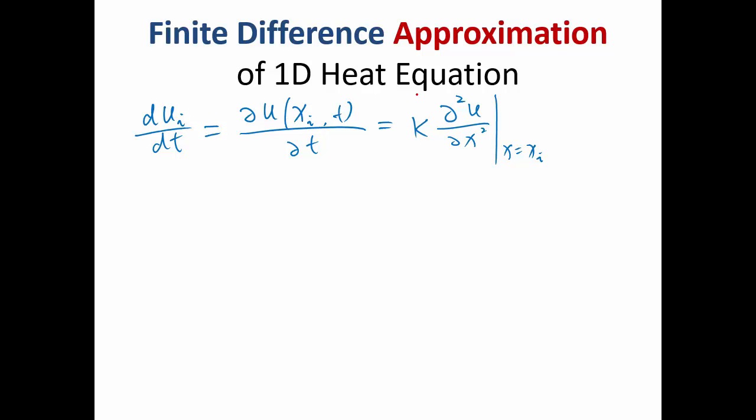So the task of finite difference discretization is to approximate the spatial derivative with something that does not involve derivatives. In this case, we approximate this as u of i plus 1 minus 2 times ui plus u of i minus 1, divided by delta x squared.